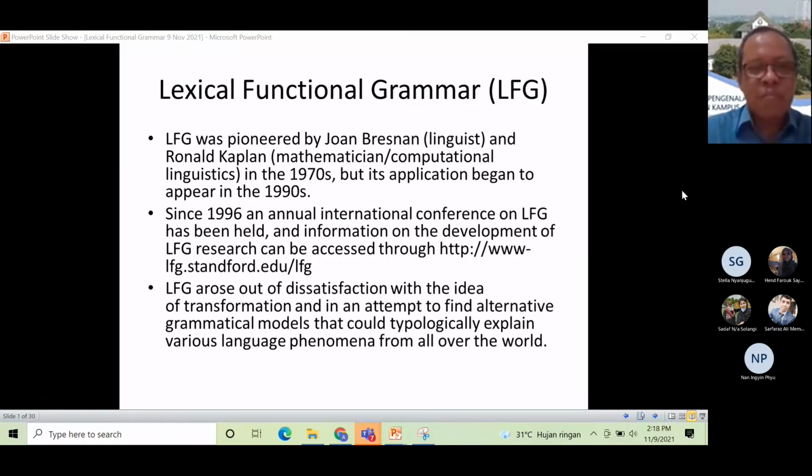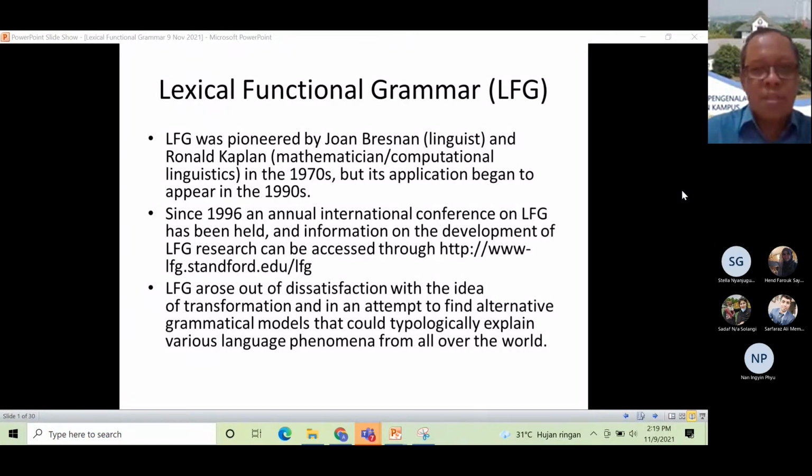The theory was actually created in the 1970s, but its application began to appear in the 1990s, and so far the theory has been applied in many fields of syntax. Since 1996, there has been an annual international conference on LFG, so every year.